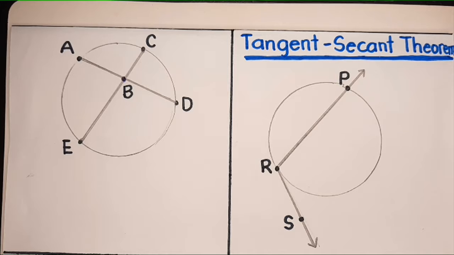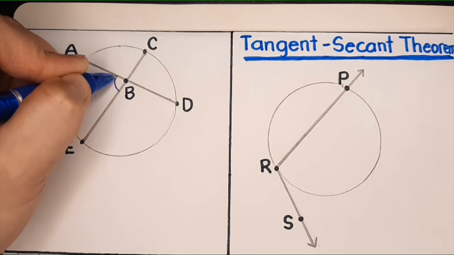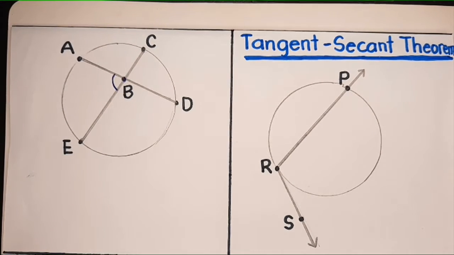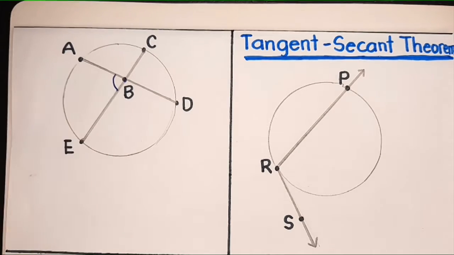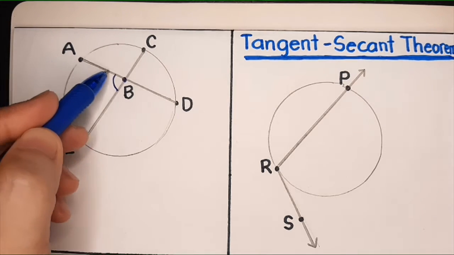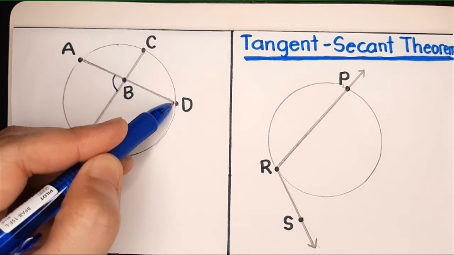Alright? Okay. And what if we want to measure this angle? We want to get the measure of this angle. So, how do you name this angle? So, this time, we cannot use angle B. Kasi medyo malabo yun. Ang daming pwedeng angle B. Right? Kasi pwedeng ito. Right? Pwedeng this one. Okay?